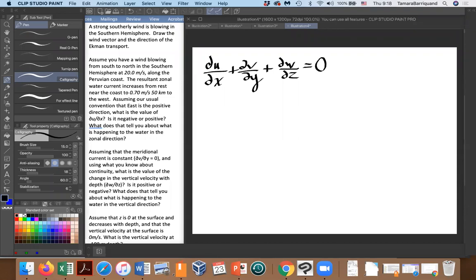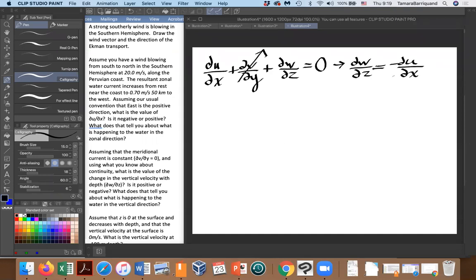All right, so we are told in this example that dv dy is 0. So I can go ahead and cancel that term out of my equation. And so now I'm trying to solve for dw dz. So I see that I can now take this and say that if I just subtract du dx from both sides of the equation, dw dz must equal negative du dx.